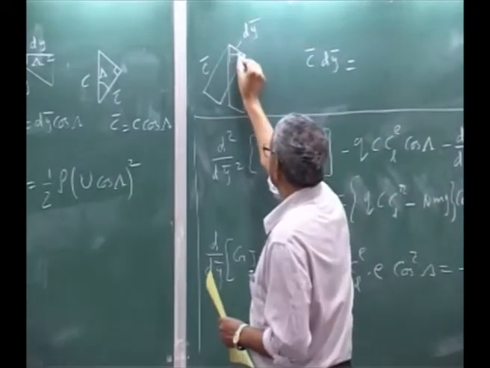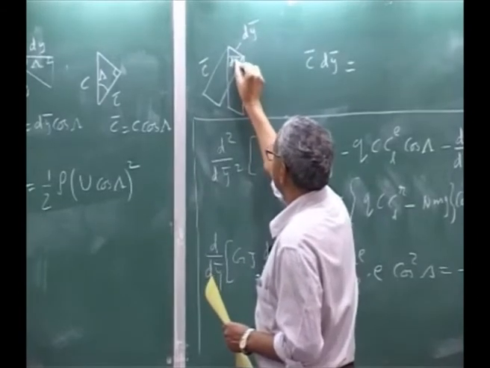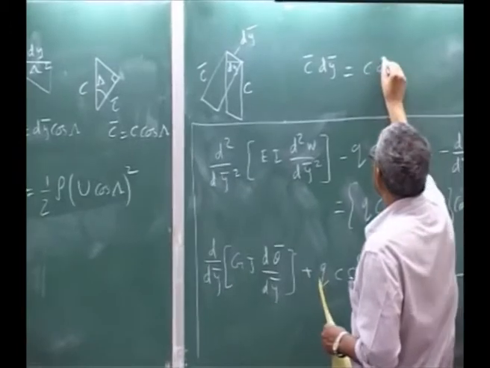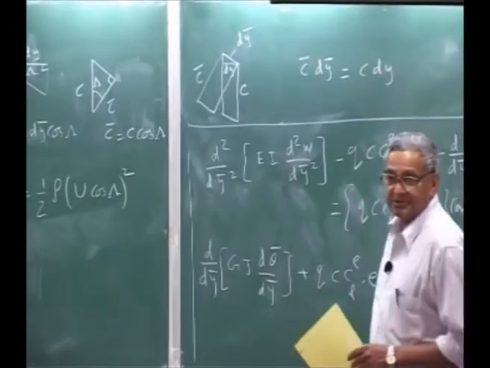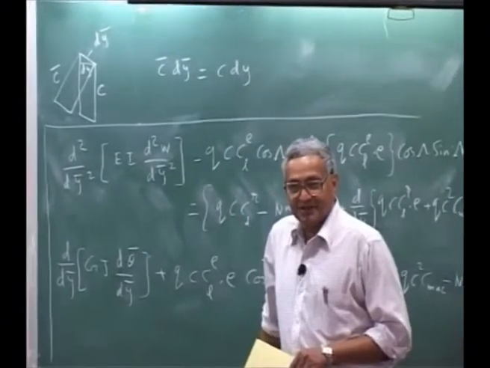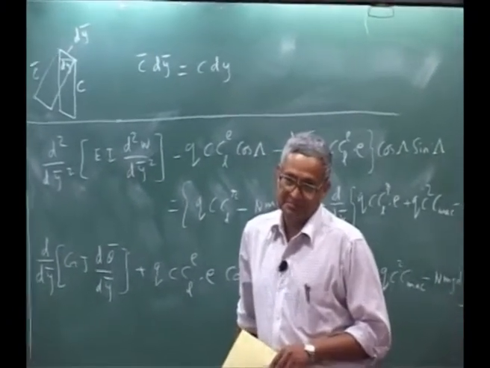This is my dy, and this is nothing but C. The area, whether you take it streamwise or chordwise, is the same.